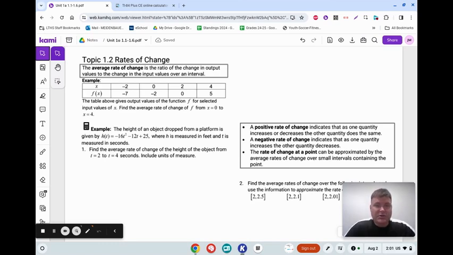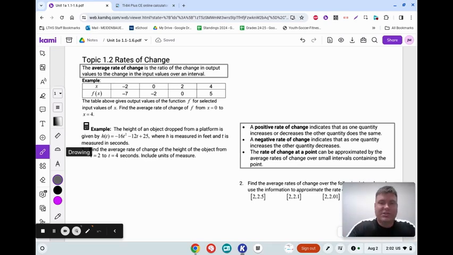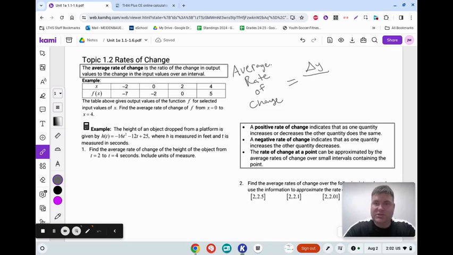The average rate of change is the ratio of the change in output values to the change in the input values. Last time we talked about what output and input values are. Output is Y, input is X. So really, average rate of change is equal to the change in Y, that delta means change in Y, over change in X, which is the same thing as y2 minus y1 over x2 minus x1.